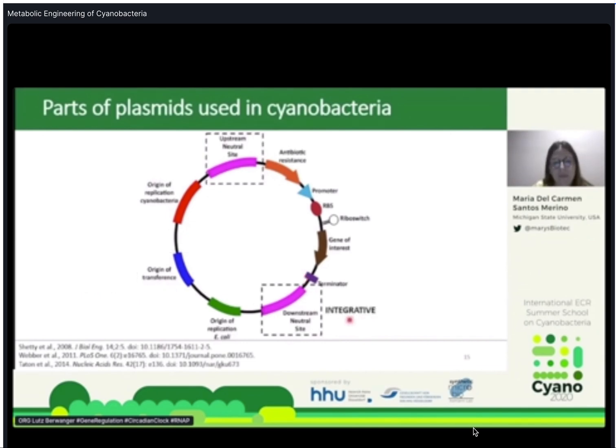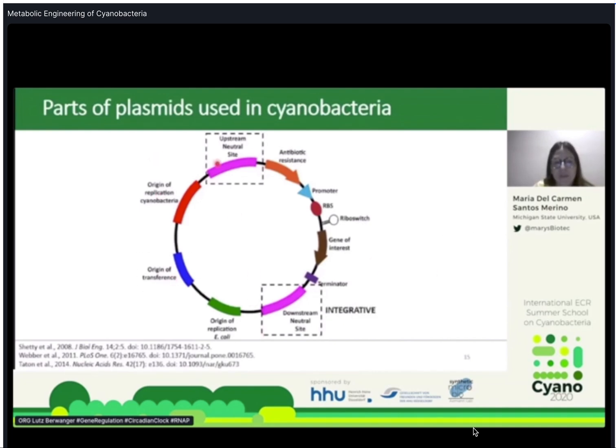In the last case, we have integrative plasmids that are going to be directly integrated in the chromosome, and these plasmids normally are transformed in cyanobacteria by natural transformation. Normally, there are going to be some cyanobacteria that are not naturally transformable, and in this case, we are going to need to use conjugative integrative plasmids.